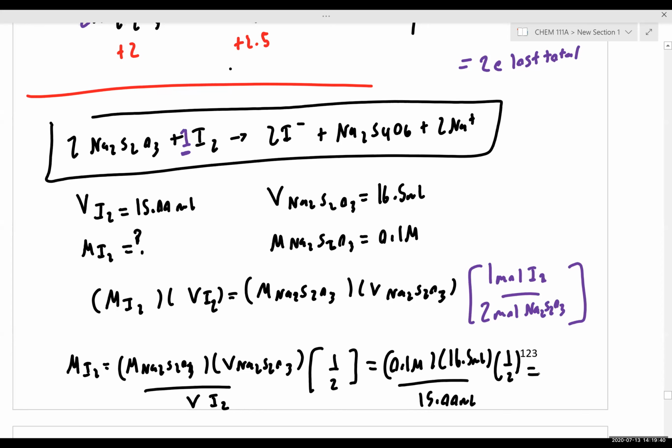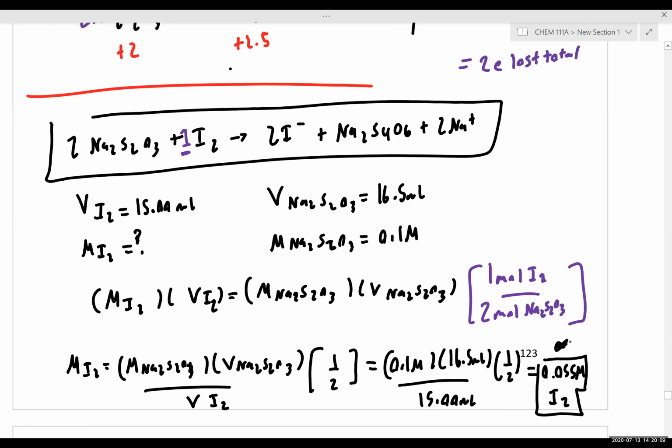And if we punch this into our calculator, and we're really careful with how we enter things into our calculator, we get 0.055 molar iodine solution. So that's our final answer for this problem.